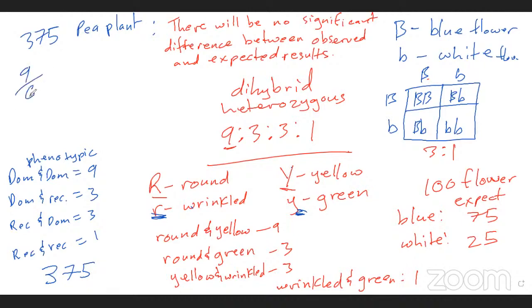In the interest of time, it's 9/16. So 9/16 times 375, how much do I get? 211. And for the round and green, it would be 3/16 times 375. How much do I get? 70.